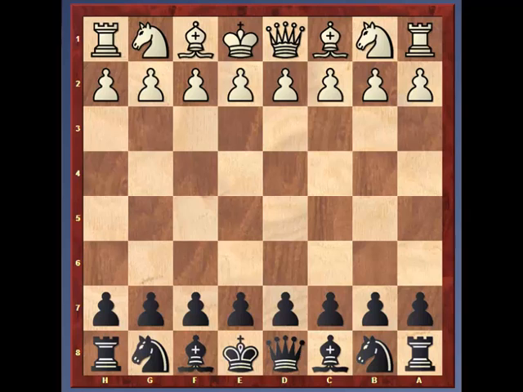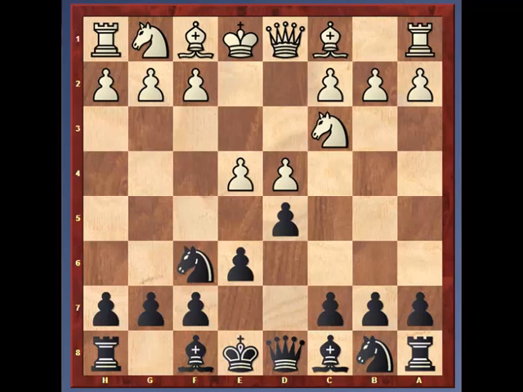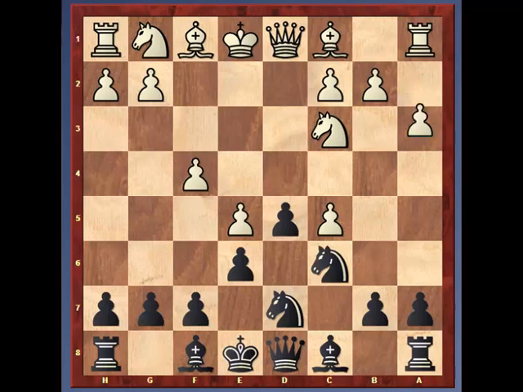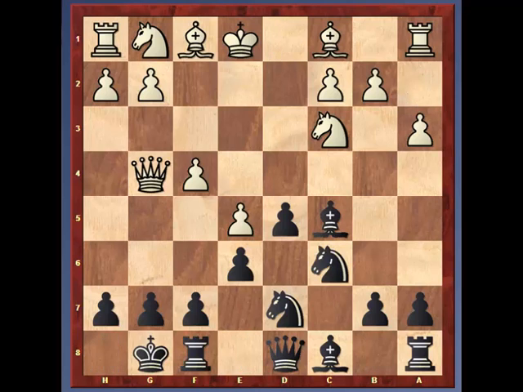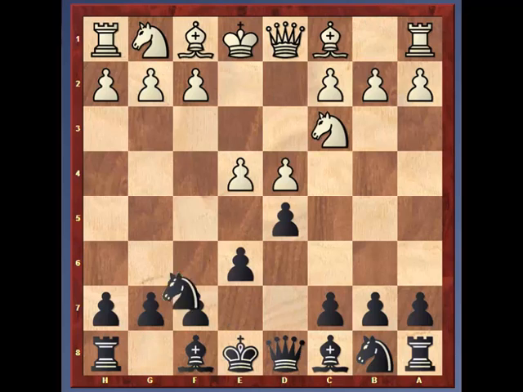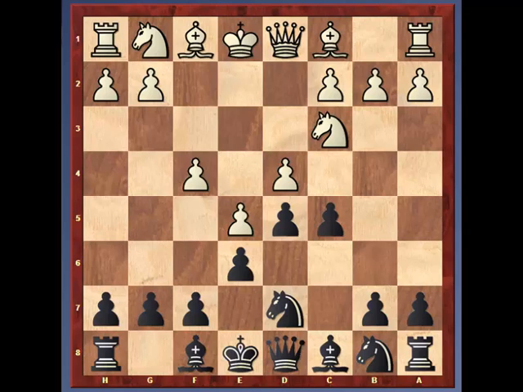This is the Brodsky-Jones variation of the Steinitz. This is the Steinitz variation. Boleslavsky variation extended.